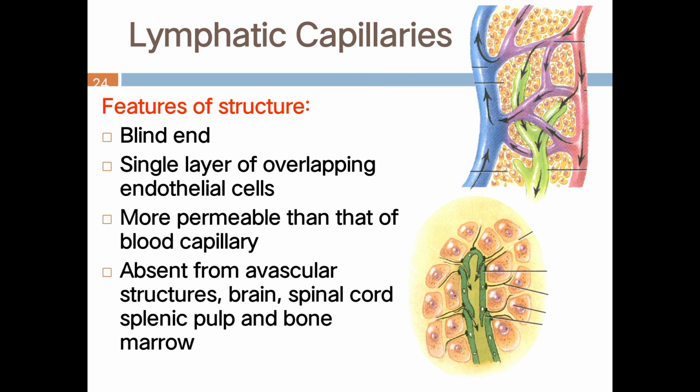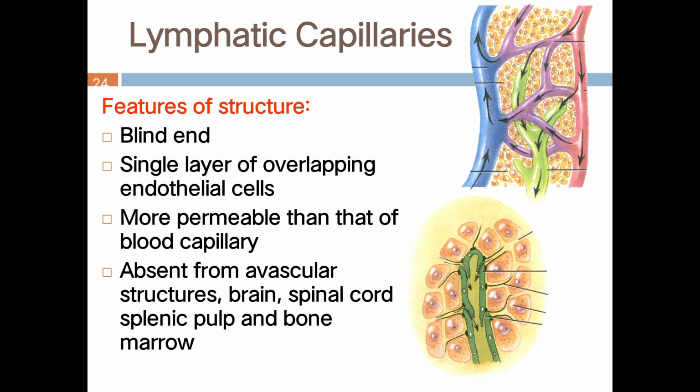Lymphatic capillaries: features of structure include a blind end and a single layer of overlapping endothelial cells, more permeable than that of blood capillaries. They are absent from avascular structures, brain, spinal cord, splenic pulp, and bone marrow.